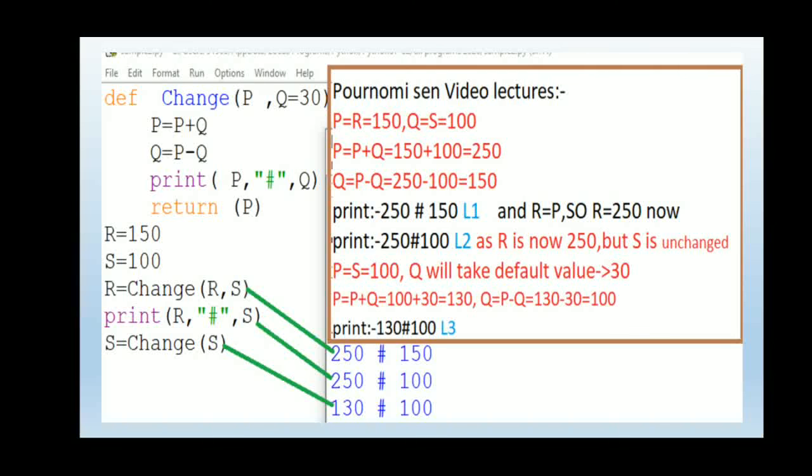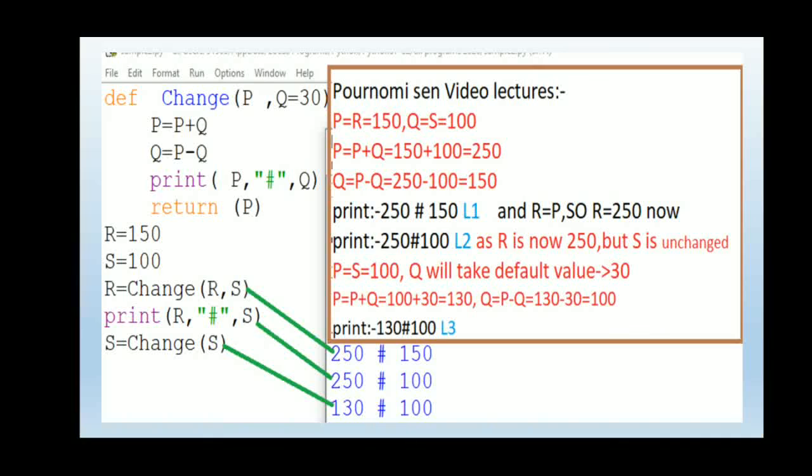And it will return the value of P to S. So S will receive the value 130, but as we are not printing S, nothing will get printed on the output screen. So we'll get 3 lines of output: one for the first calling of the function, second what we are printing from the main function, and the third for the second time calling of the function.